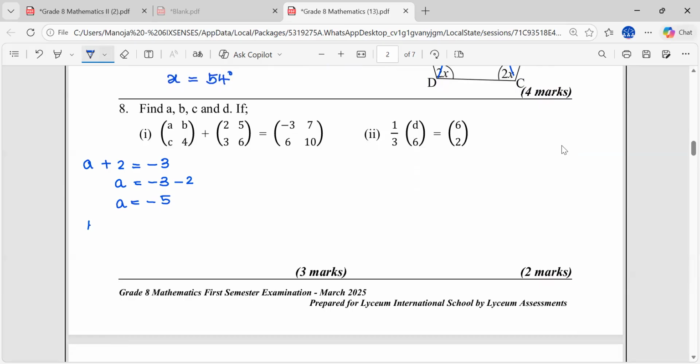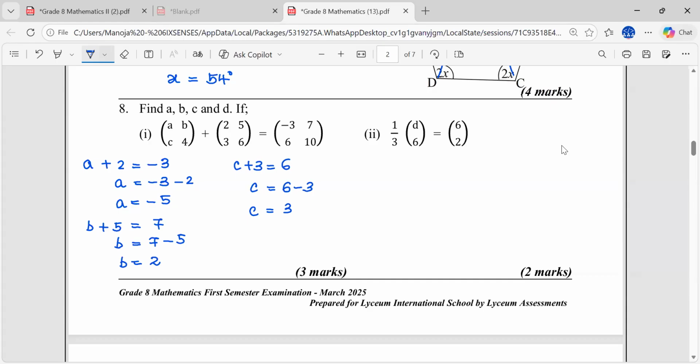And then B plus 5 is equal to 7. So B is equal to 7 minus 5. B is equal to 2. Then C plus 3 equal to 6, so C is equal to 6 minus 3 and C is equal to 3. You found A, B, C, right?